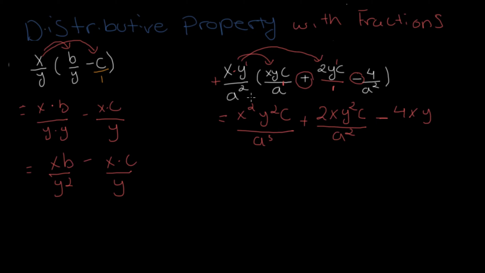When we multiply two terms with exponents, we're going to add exponents. So what we're going to get is a to the 4th power. So there is no further simplifying that we can do or expanding, because all of these terms are different. We cannot add or subtract any of these terms.